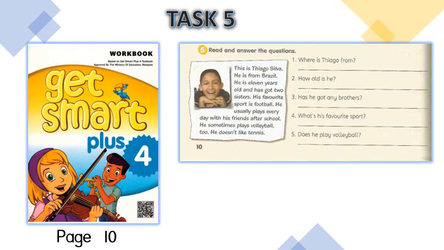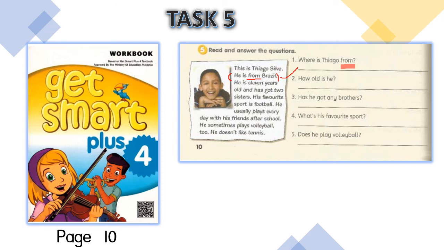For task 5, you have to read and answer the questions. Okay, for example, look at question number 1. Where is Tiago from? So you have to find a keyword here, from. Can you find it in the text? The keyword is here. So, can you answer number 1?